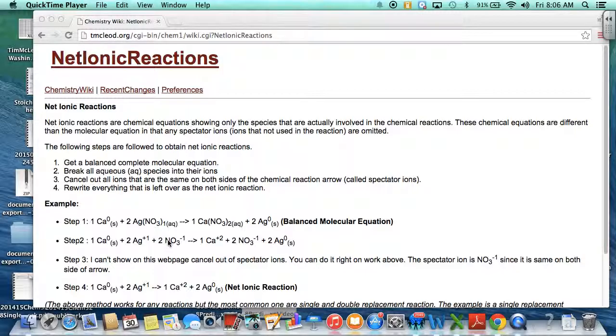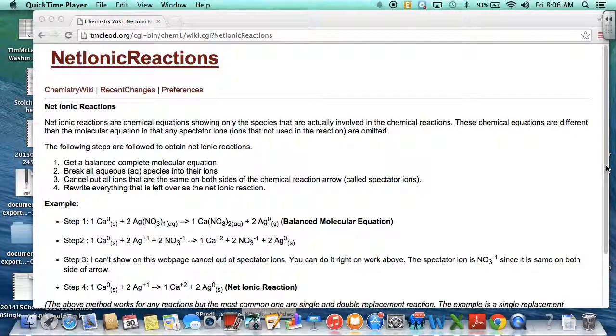So what you're going to do then is rewrite everything except the spectator ions. So 1 calcium solid plus 2 Ag1 plus to give me 1 calcium 2 plus and 2 Ag0, Ag solid, which is the net ionic reaction, and it shows you just the species that are changing.